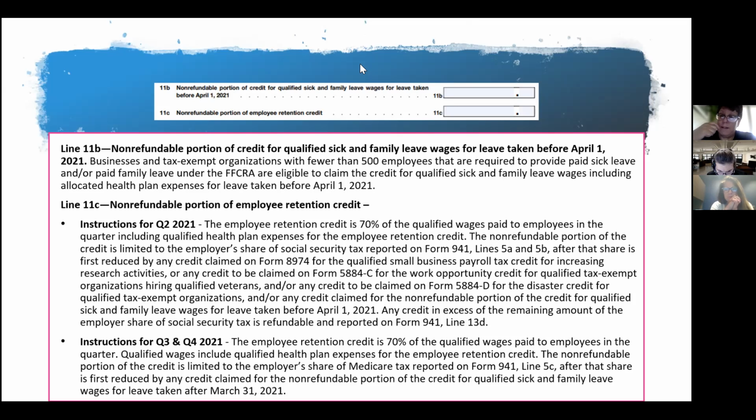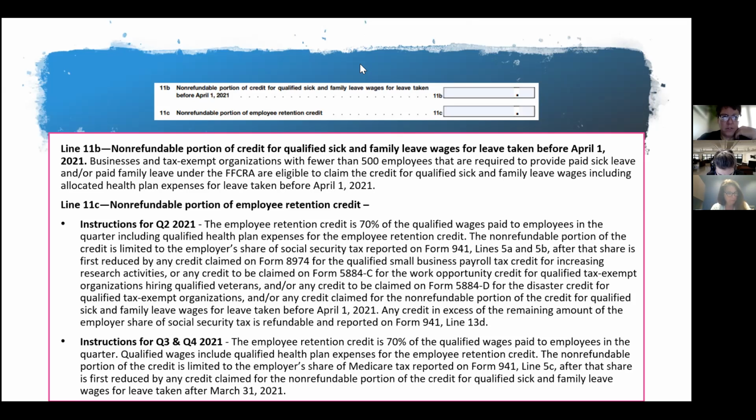So if you've made 80% or less of what you did in 2019, you can qualify for the retention credit. It's all designed for those people who lost a lot during the shutdown last year and are still struggling to get employees in.